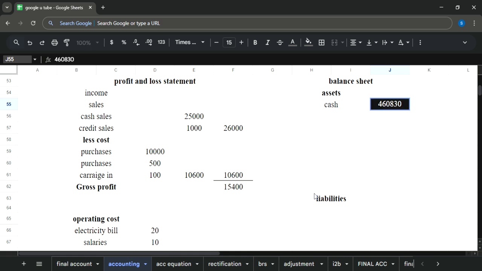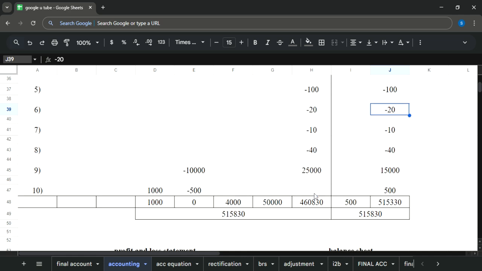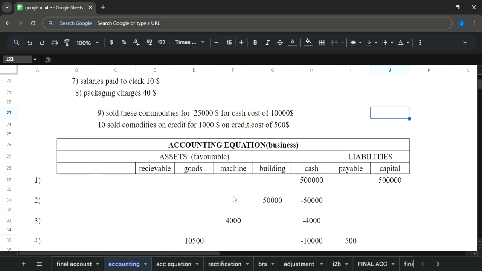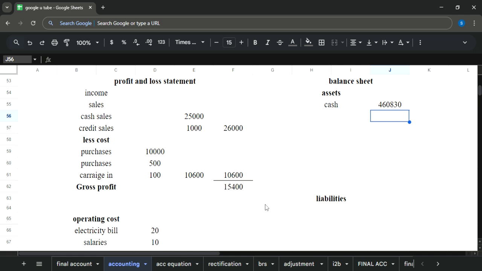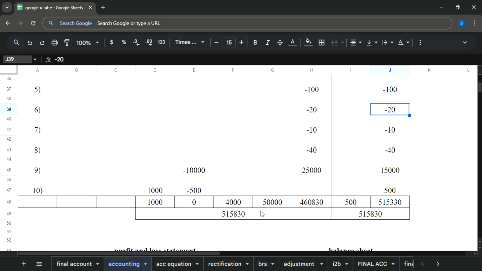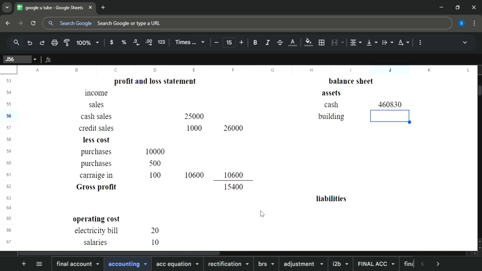Then the second thing, you have bought your building. The amount of building was 50,000. So here building, amount of building was 50,000. Put it in this way.